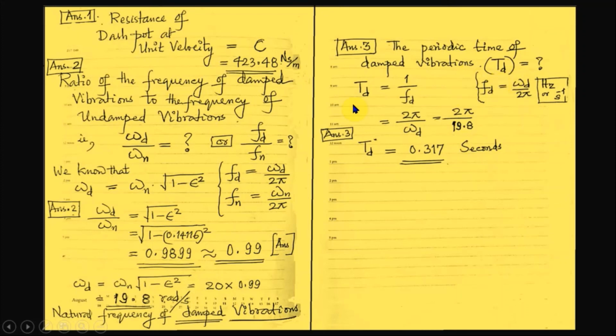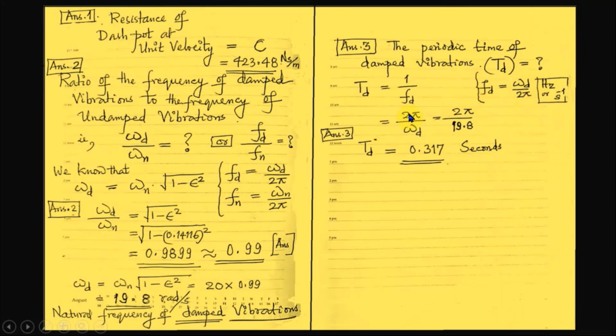You know that t, the periodic time, Td, here d stands for the damped vibrations. So the time period of the damped vibrations, or the time required for one such damped oscillation, is represented by Td. So Td is equal to 1 by Fd. And what is Fd? Fd is omega d by 2 pi, and Fd is in hertz.